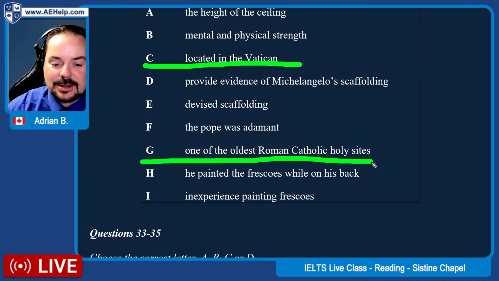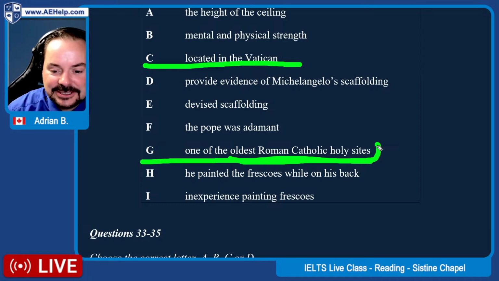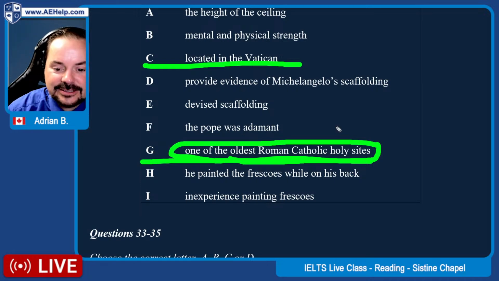Did I say Sistine Chapel is one of the oldest ones? You're putting words in my mouth, Fuang. I don't remember myself saying it's one of the oldest Roman Catholic holy sites. Did I say that? No, I didn't say that.